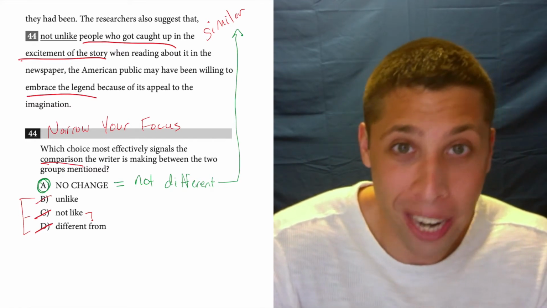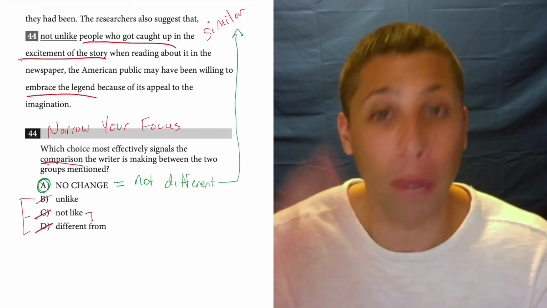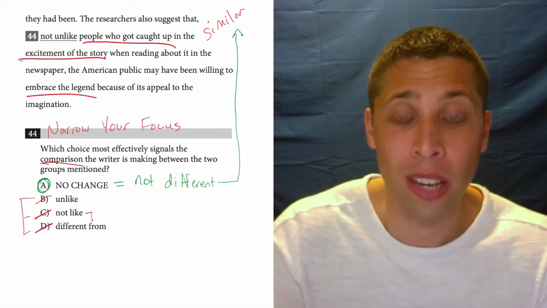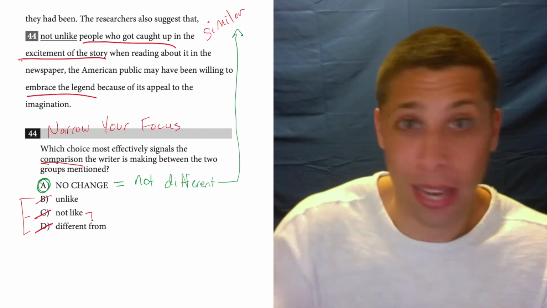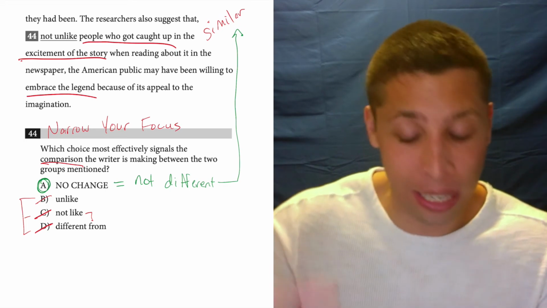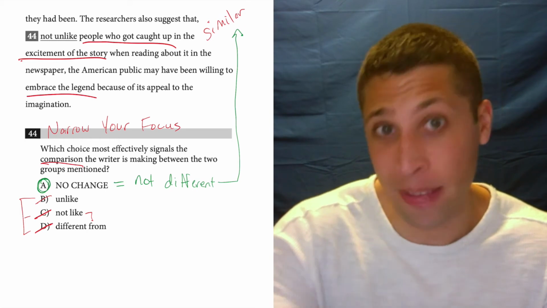And hopefully by narrowing our focus and really just thinking about what these words mean, we can notice something that our brain really does not want us to notice. My brain at least here really wants me to not pick A. It just sounds stupid, it's weird, there's something about it that is repelling me away from that choice.